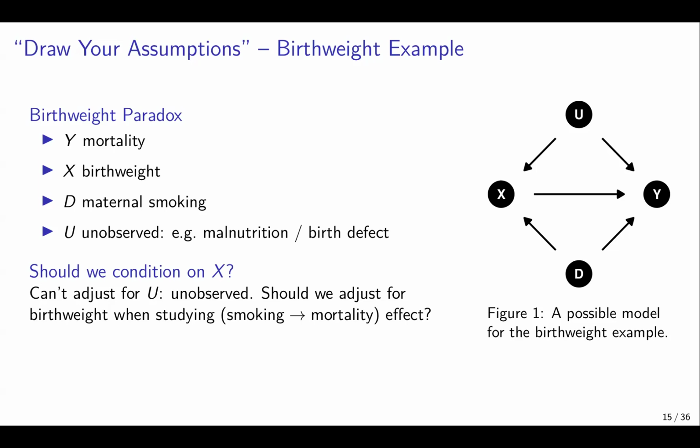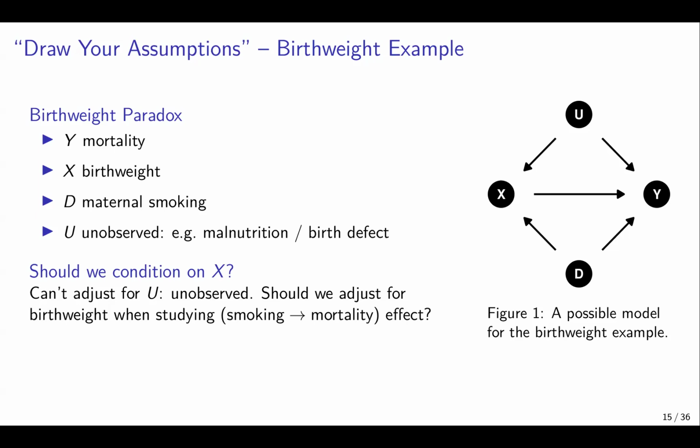I've also drawn an arrow from X to Y. It seems quite plausible that birth weight can have a causal effect on mortality. And then I've also drawn two arrows from D to X and from D to Y. So what I'm saying here is I think maternal smoking might actually cause birth weight. So maybe if the mother smokes, that might have a causal effect on the birth weight of the baby.